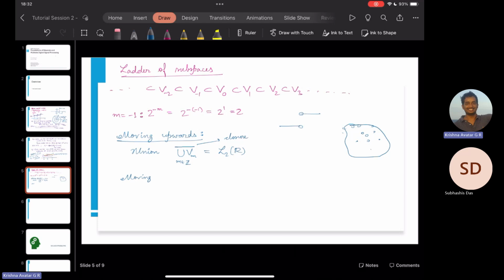Then what if we move downwards? When we move downwards, in that case, we take an intersection of all VM, m an element of integers, and all that we find is that the net intersection of all the functions just leads us to a singleton set, where only zero is the member.